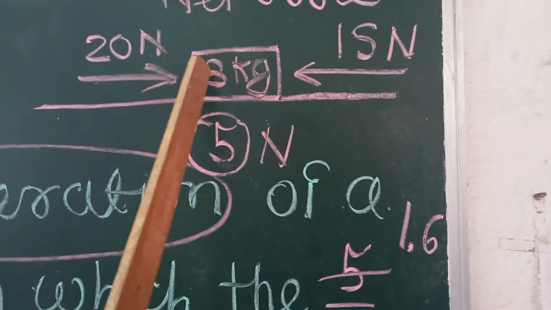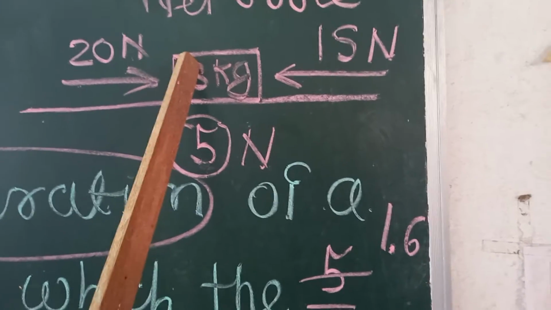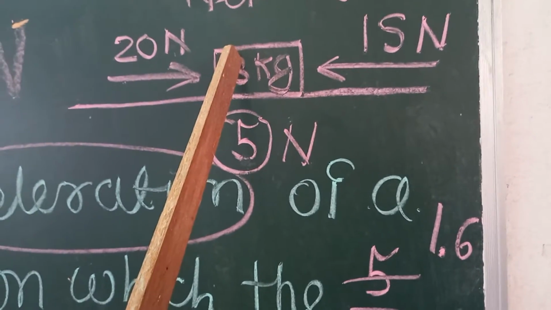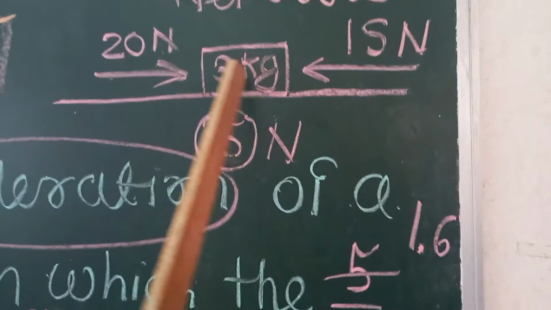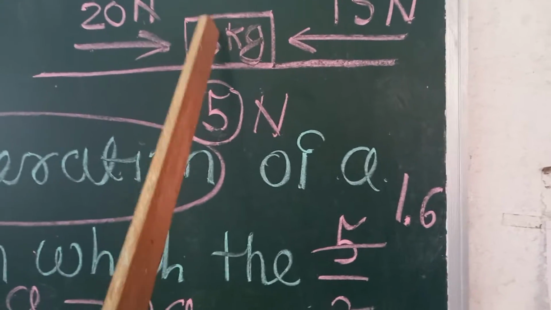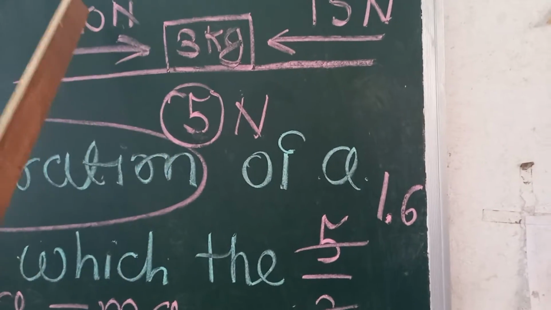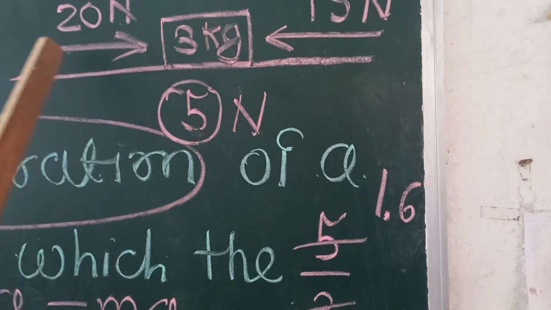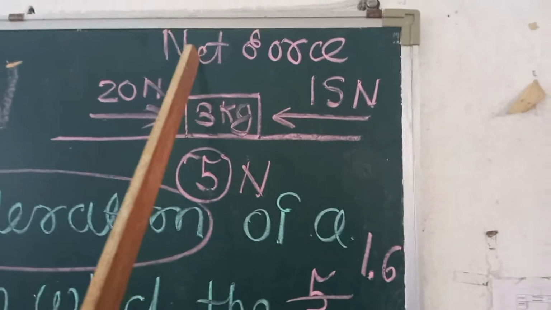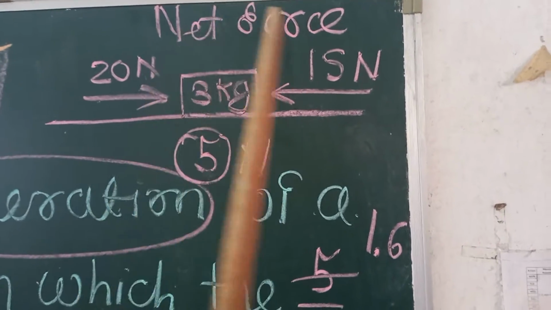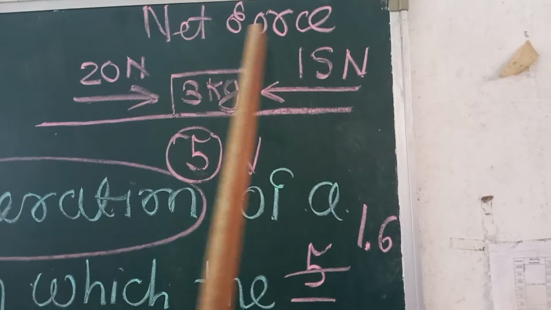So definitely this object will move from the more force side to the less force side. But here, what force do we have to take? Both the forces acting on this object, on both the sides. Then we have to calculate the net force. What we have to calculate here? The net force. How to calculate the net force?